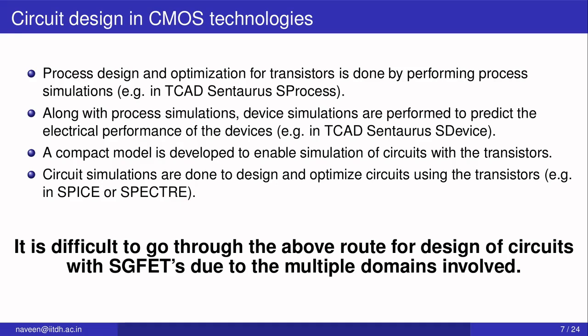So this compact model is essentially a mathematical model, a set of equations which describe the electrical characteristics of a transistor for a given width and length. A good compact model will allow you to choose a wide range of operating points and a wide range of geometries of the transistor to do circuit design with.